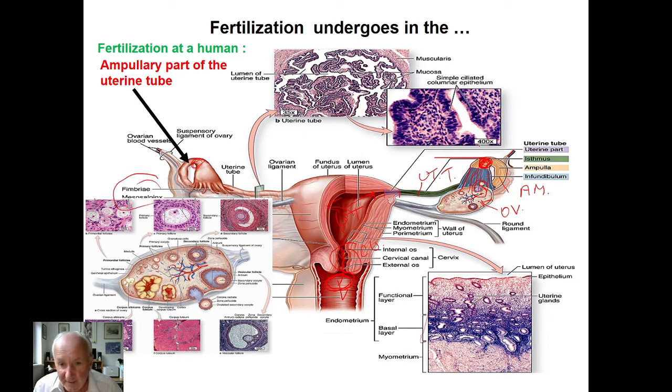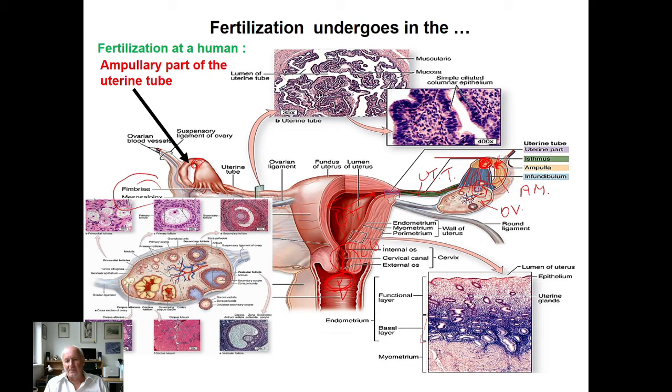And now is waiting for them a long way, few centimeters in the uterine tube, through the isthmus to the ampullary part to find the oocyte. Please, from this point till this point, for the small spermatozoa, it's around 13, 14, somewhere 15 centimeters.